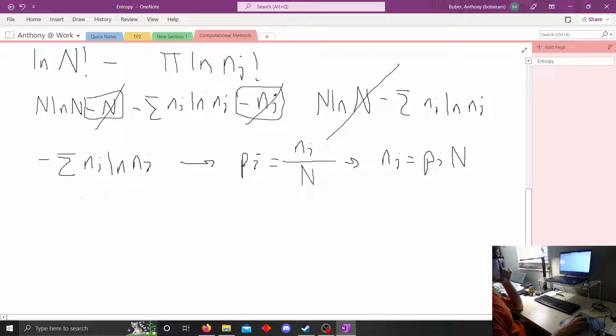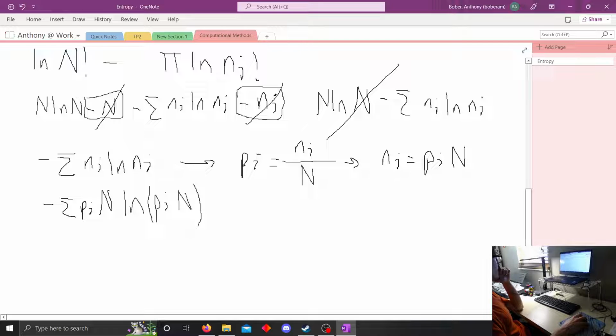So I'm going to substitute that in for this expression. So then we have this times the natural log, that same thing, times n. This is going to be in parentheses.